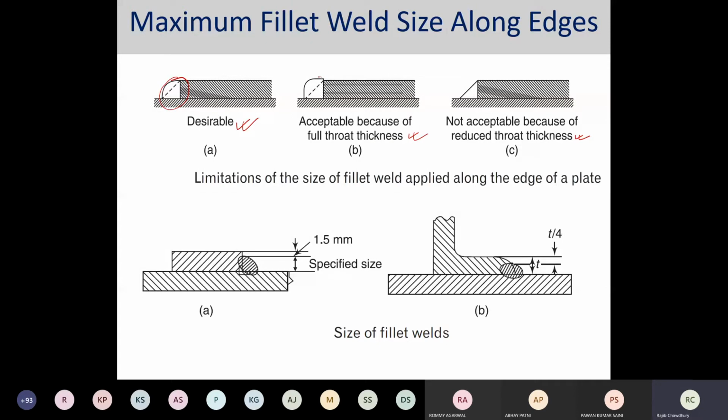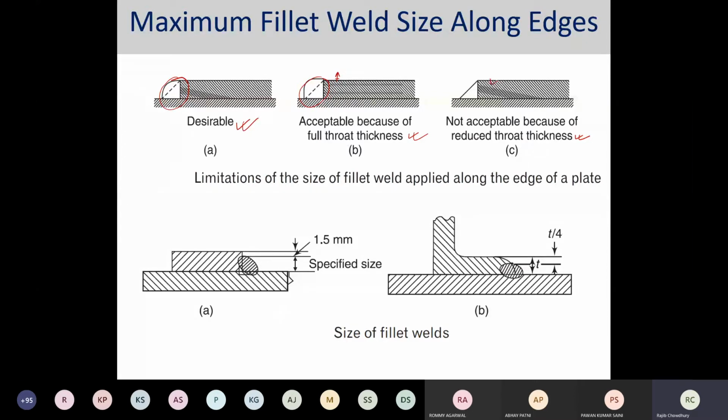The second one is a little less desirable but acceptable form, in the sense that a portion of the welding material goes above the top of the plate. It indicates the full throat thickness specified in the design regulation.